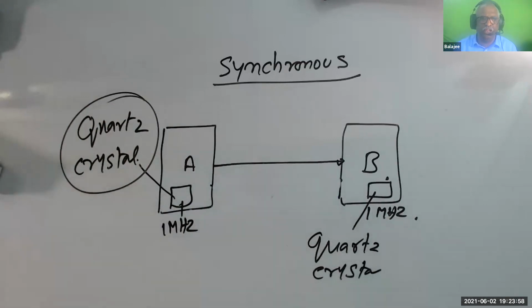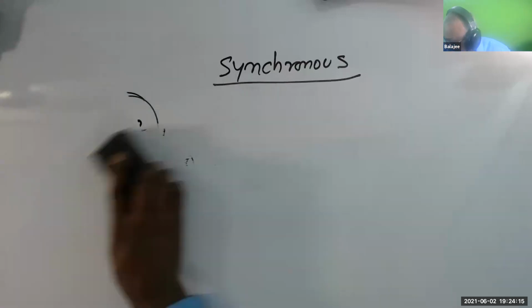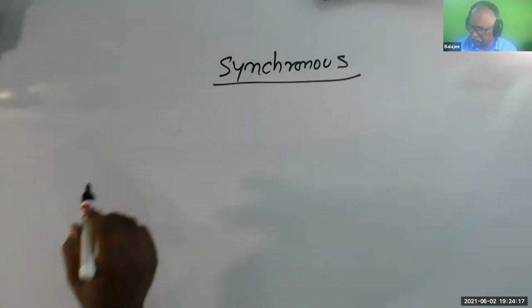This clock is generated in a very natural way. You don't have control over when to start or when to stop. The clock will be oscillating by itself. So if you take 2 clock oscillators, think of it. This is a very, very important information.